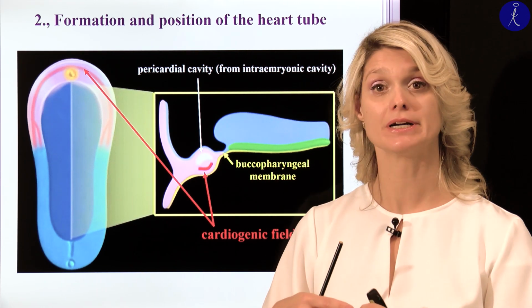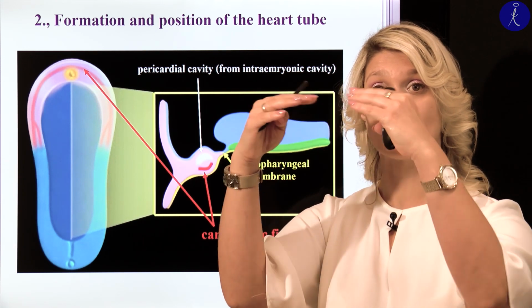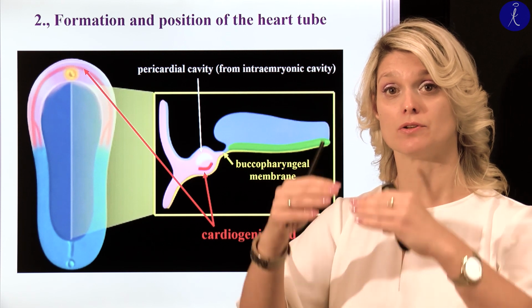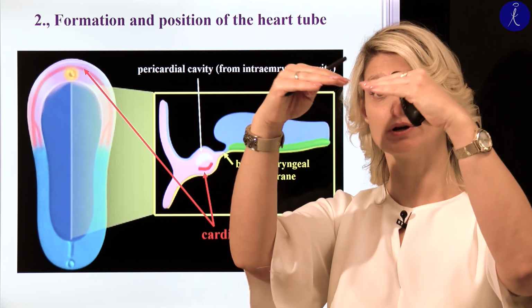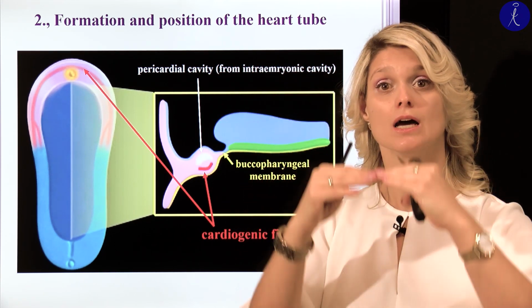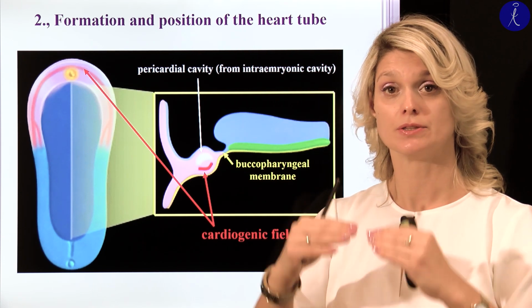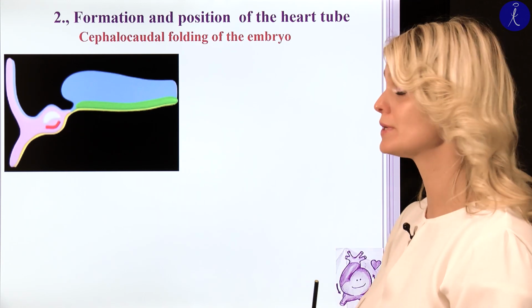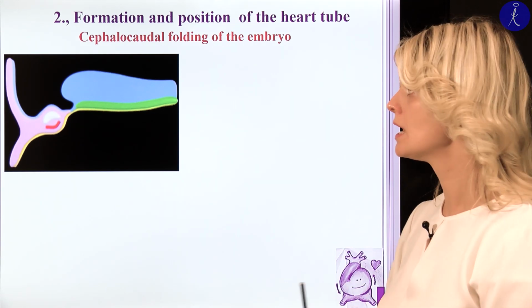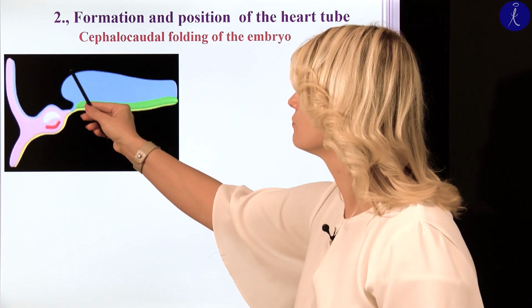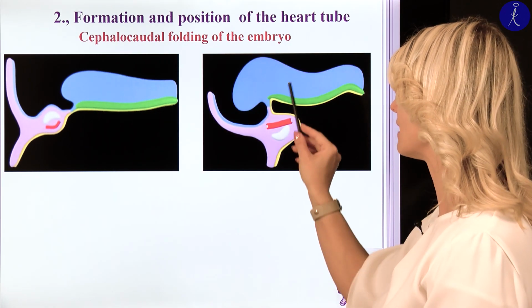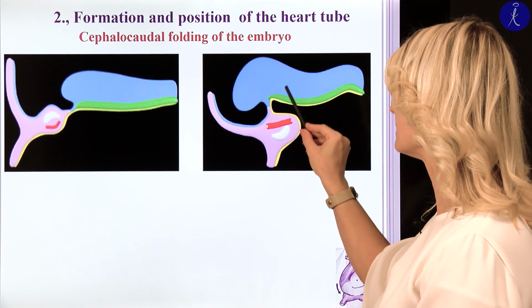But the embryo will grow, and we have two types of foldings during the development. The first is the craniocaudal folding of the embryo. Here you can see on this picture, it is because of the extensive growing of the brain vesicles, which are located here.